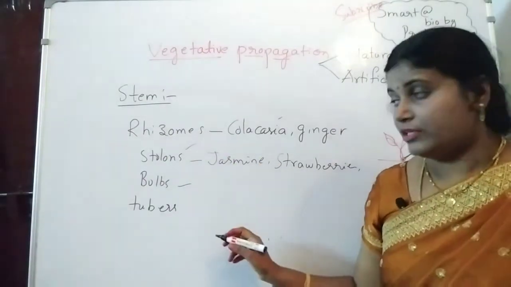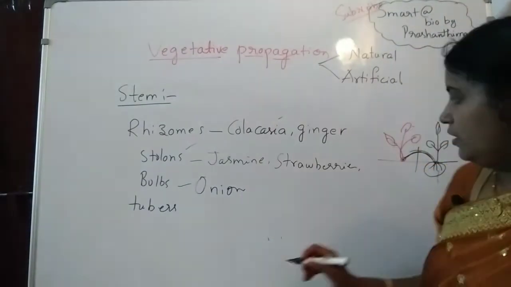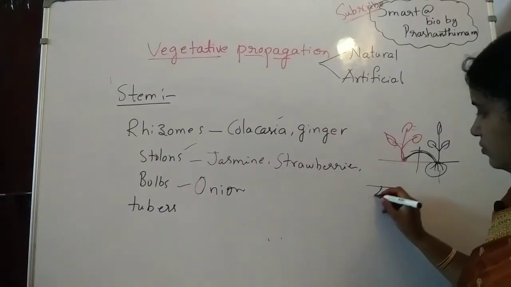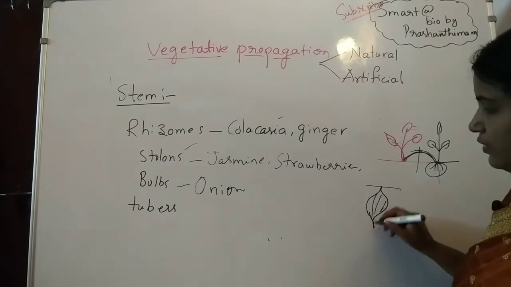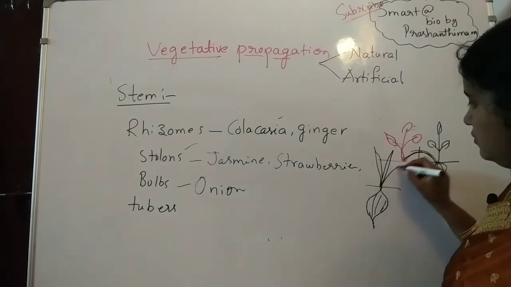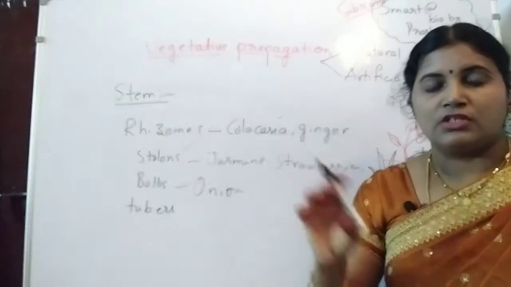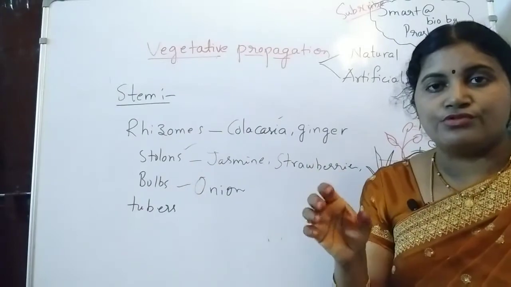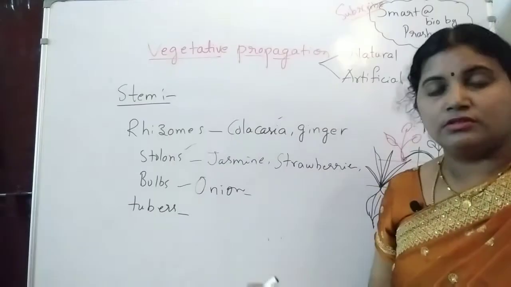And bulbs, you know very well, onion. In onion, the structure grows like a bulb, where all the food material is stored. Next, tubers.